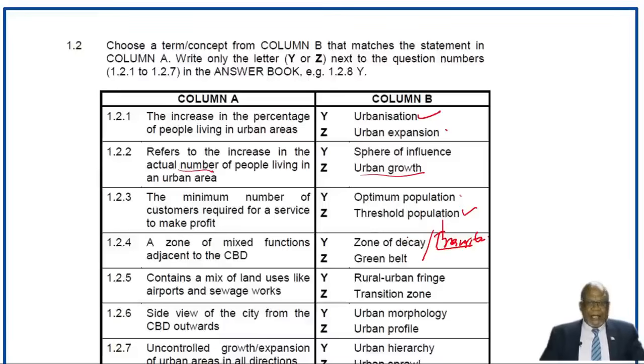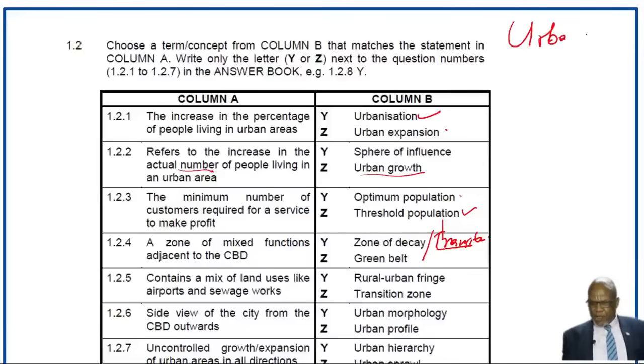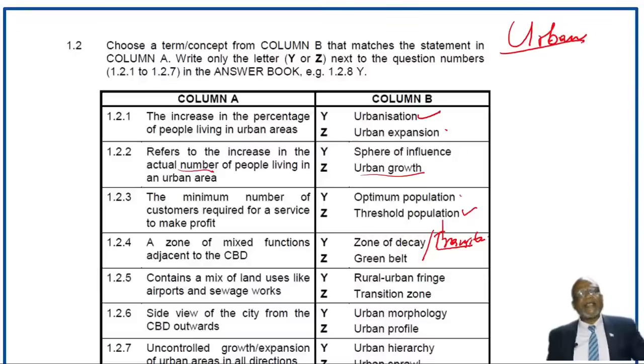When we're talking about the zone of decay, that is when we can talk of what we call urban renewal. Because of the poor state of the buildings in the urban areas, we have urban renewal, where there is an improvement of the buildings.